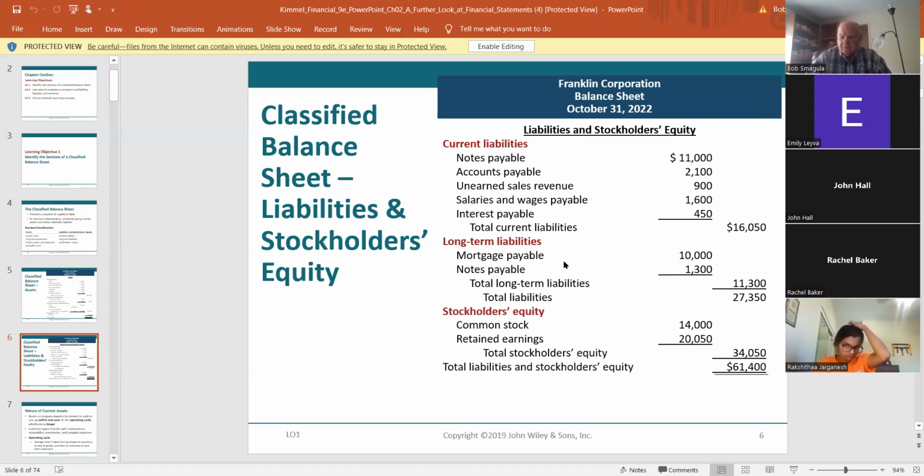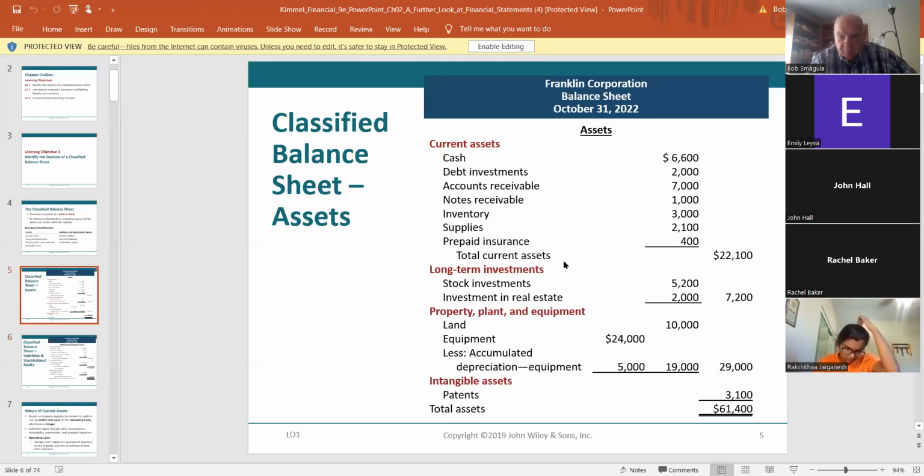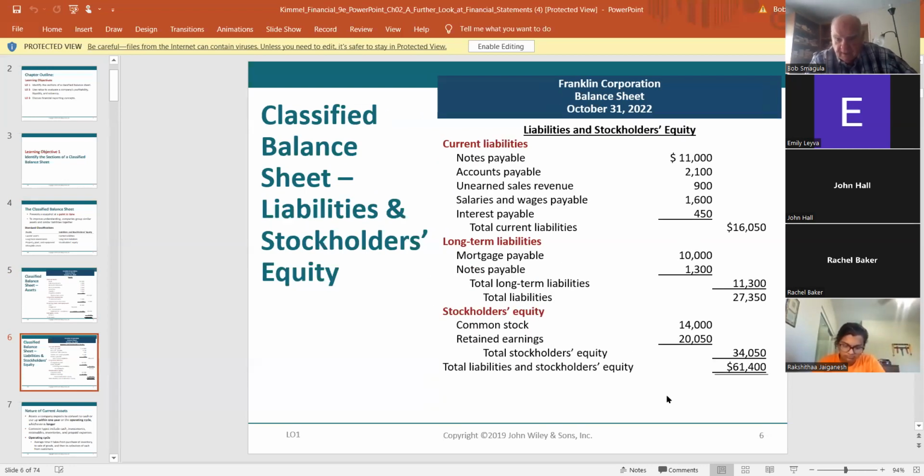So think of retained earnings as the cumulative profits and losses of the company since day one. Offsetting that, though, would be any dividends they pay, okay? So we had 61,400 in assets, and it equals the total of liabilities and equity, 61,400.